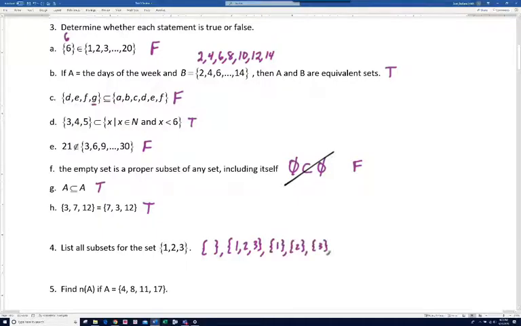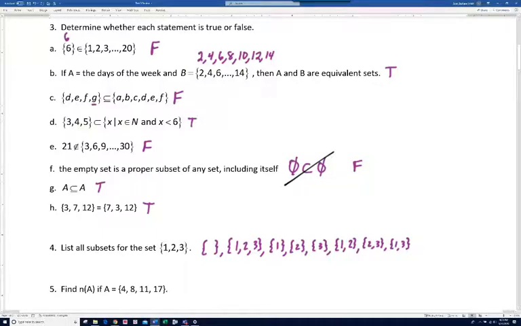That would be the sets that just have 1, 2, or 3 in them. And then we could have subsets where we have 2 of the numbers, so 1 and 2, 2 and 3, or 1 and 3. So that's all the possibilities. If you count those up, there's 8.